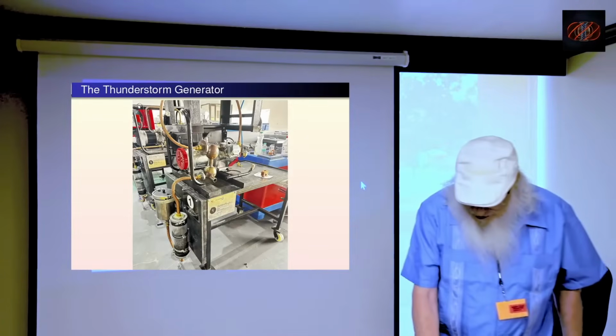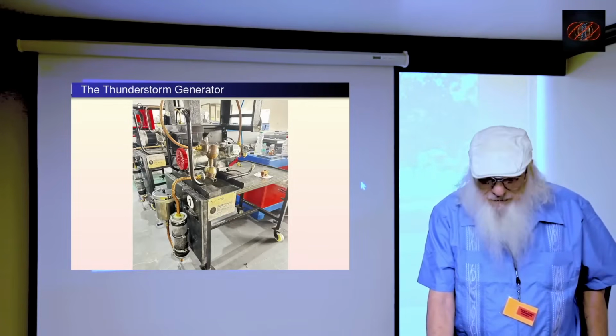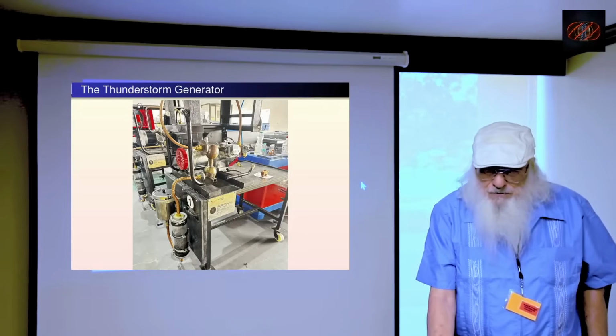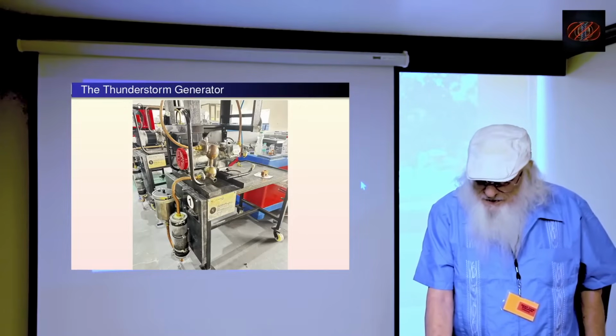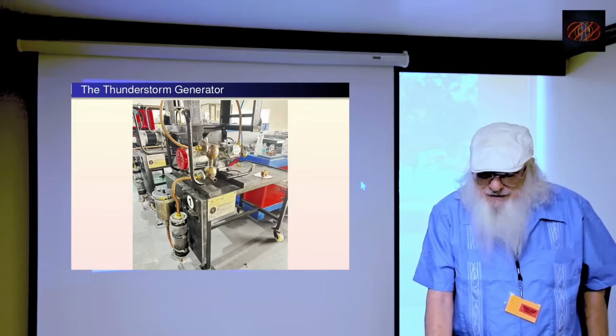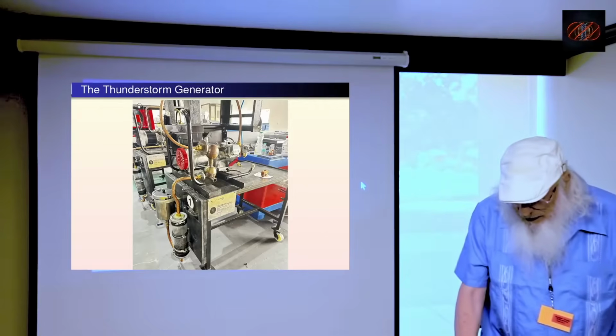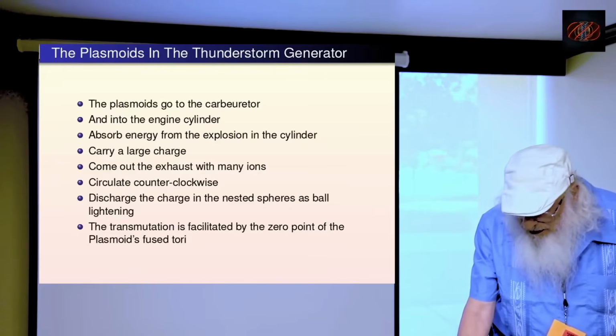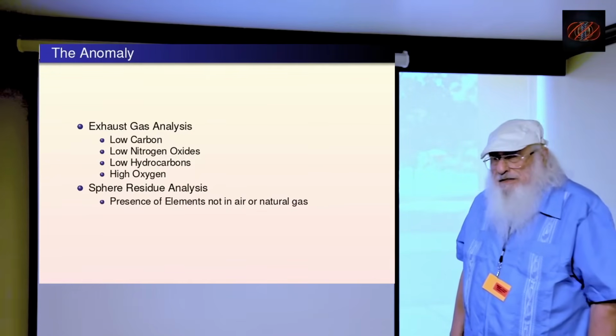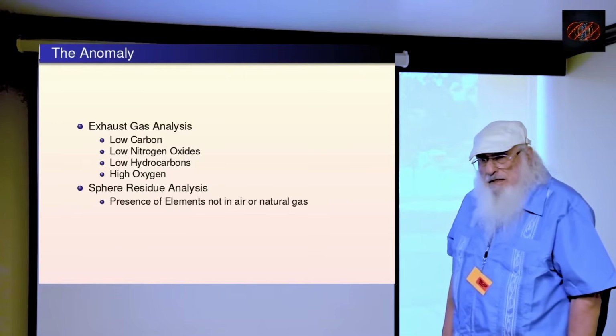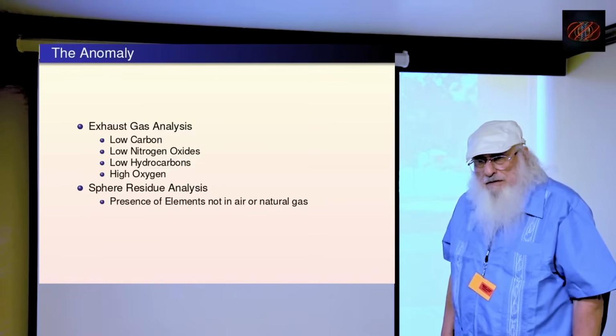Now, what's very special about this configuration, which everybody who knows all about automobile engines would look at and say, that's not going to do anything. I think I covered this. When you look at the exhaust, what do you expect to find?